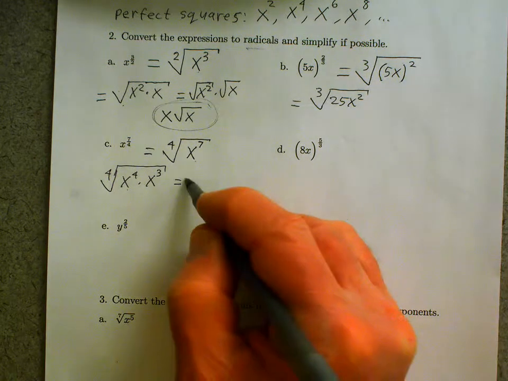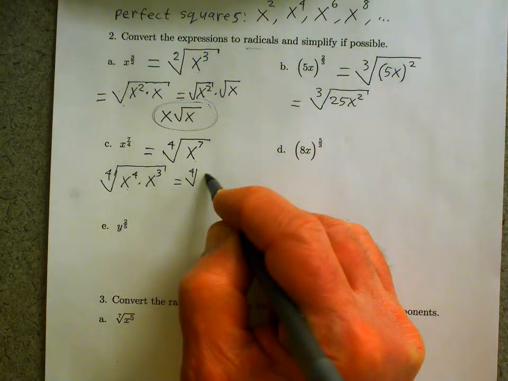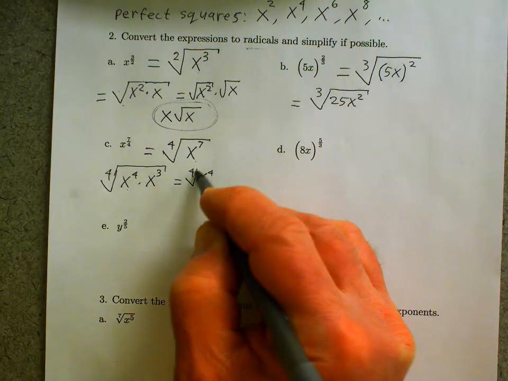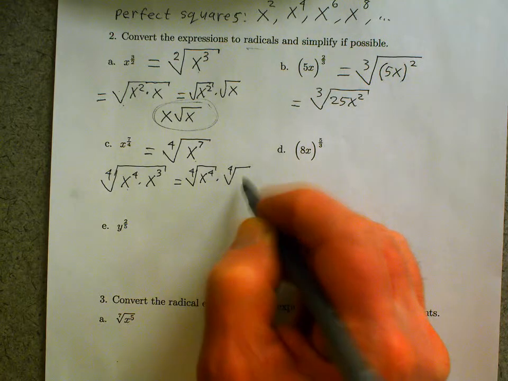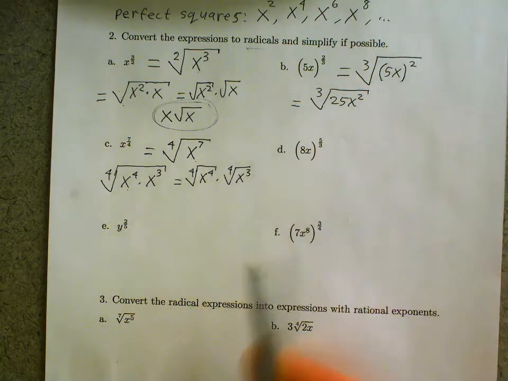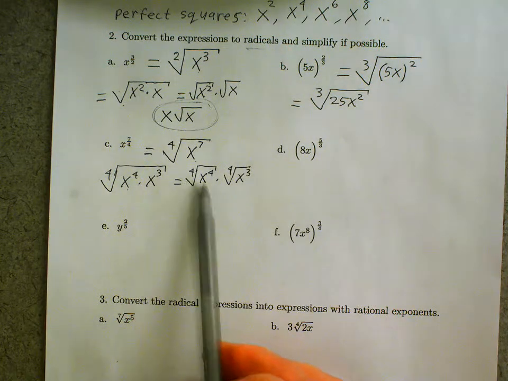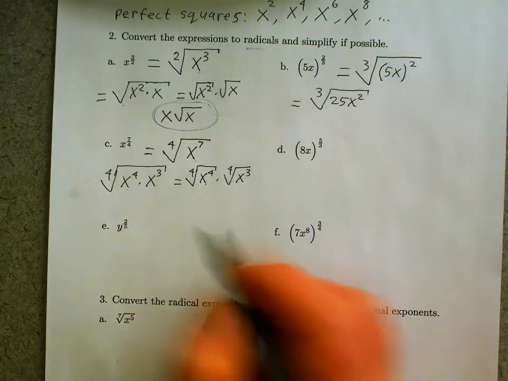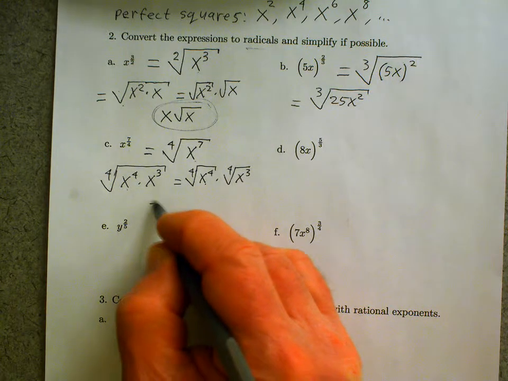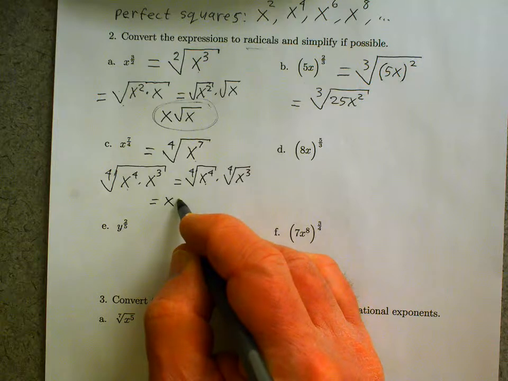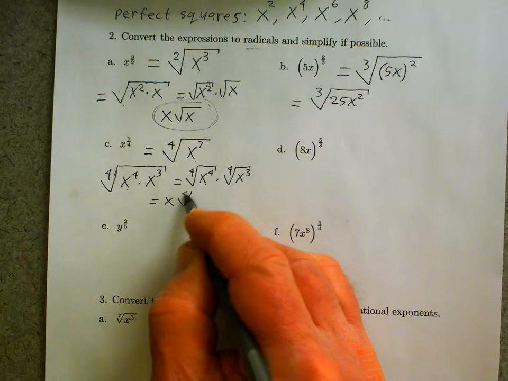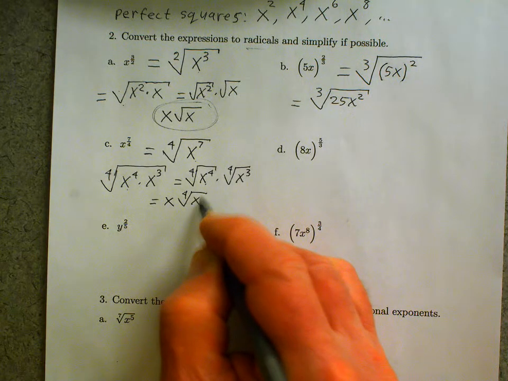And then the 4th root of x to the 4th times the 4th root of x to the 3rd. And then the 4th root of x to the 4th is just x. So our simplified radical is x times the 4th root of x to the 3rd.